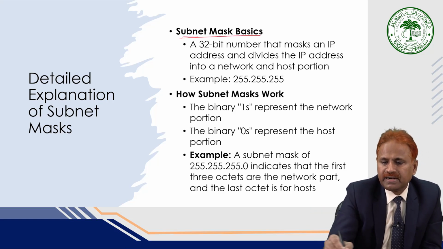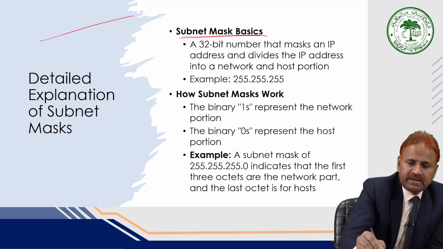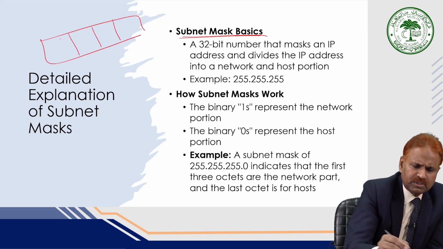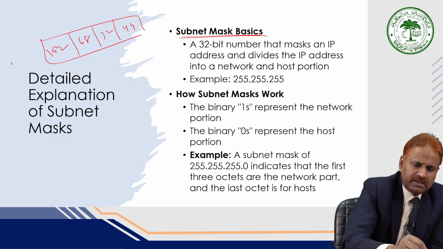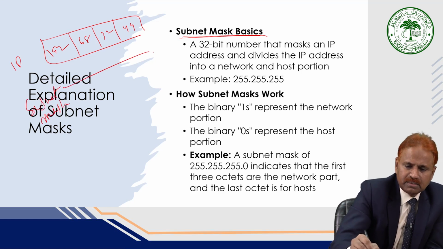By the subnet mask address. Whenever we provide an IP address, say for example 192.68.32.44, just below the IP address we have the subnet mask, and here you will have to write 255.255.0.0.